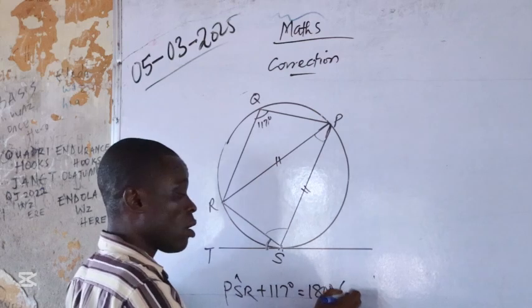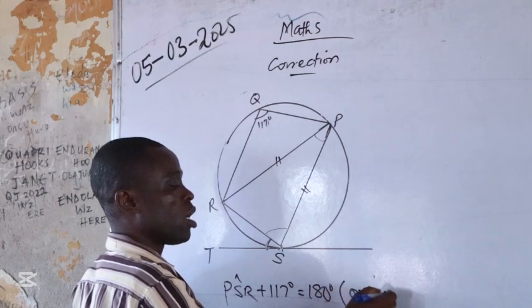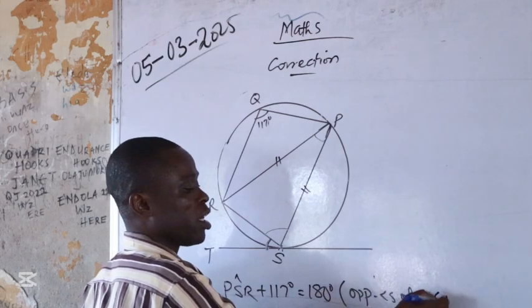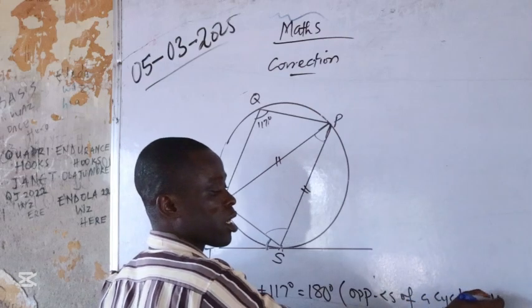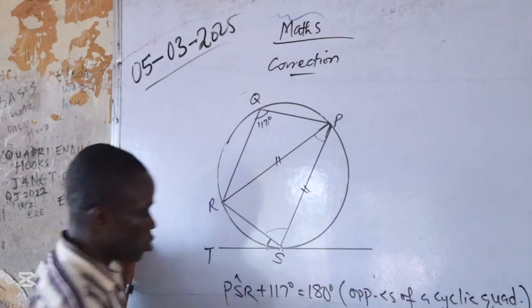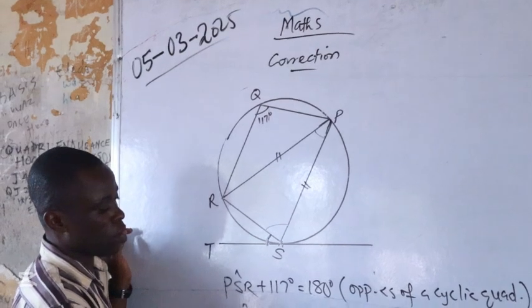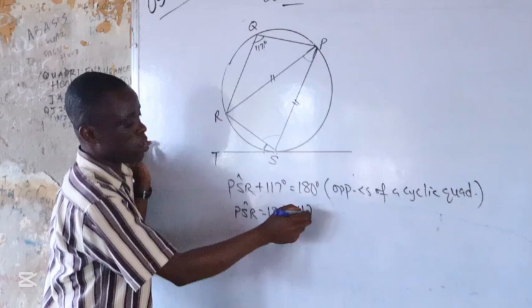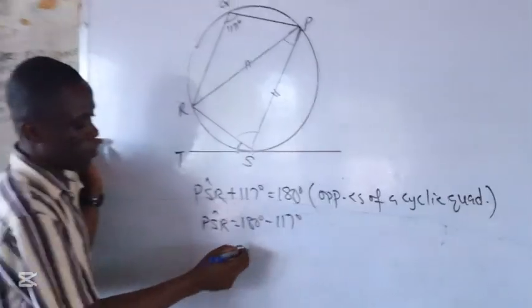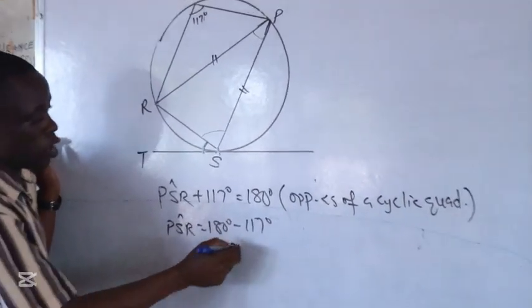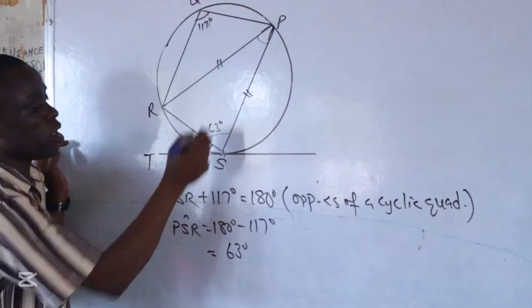Reason: opposite angles of the cyclic quadrilateral. So PSR is now equal to 180 minus 117. Then what is the difference?